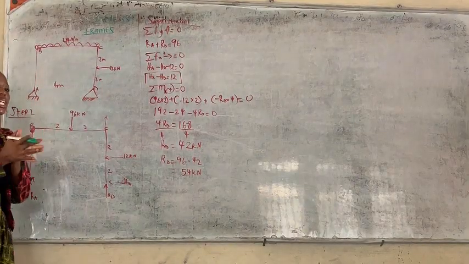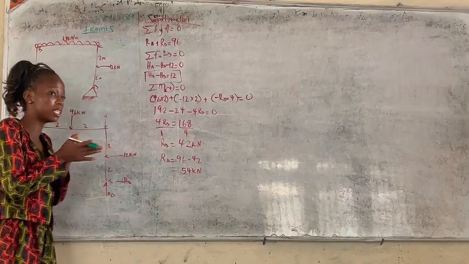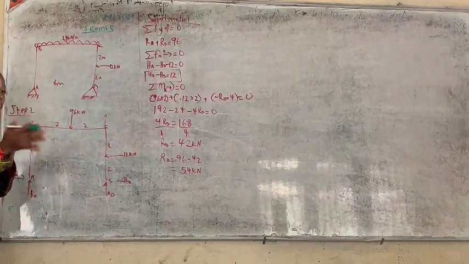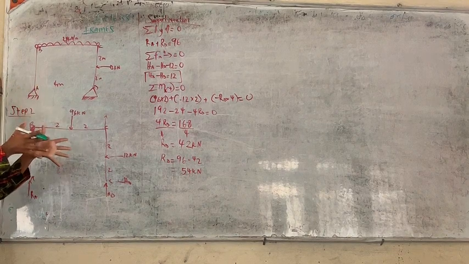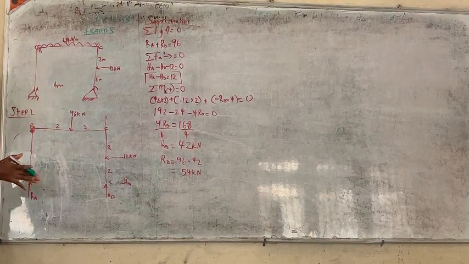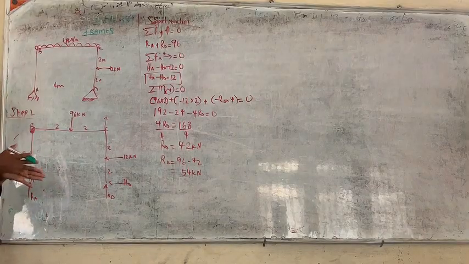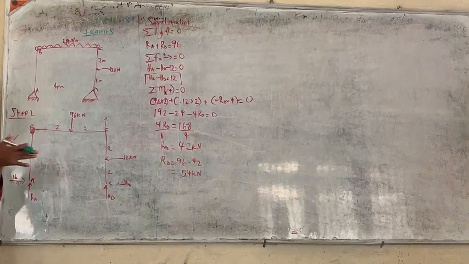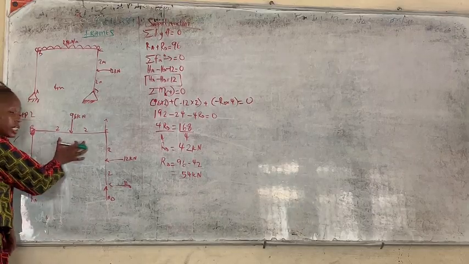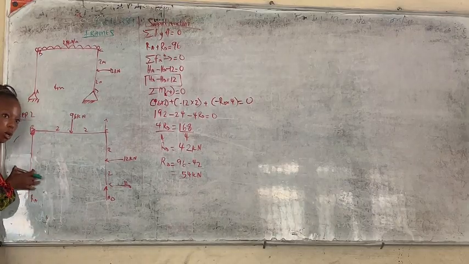Whenever we are picking moments about an internal hinge, we are only considering the components about that internal hinge. That means we are considering both this beam and this column.